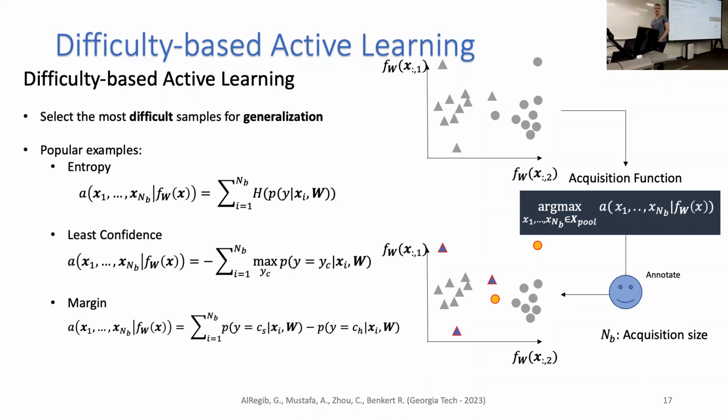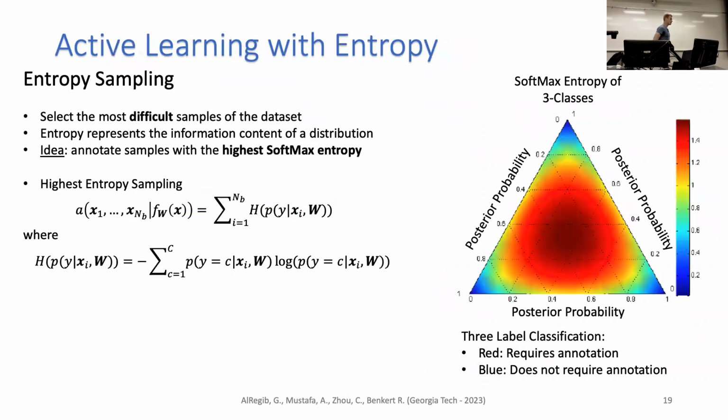So before I go into that, is everyone clear on difficulty? Cool. Great. Let's start with the first one, entropy. If you remember deep learning algorithms and you look at the output, it's actually a distribution. You get a probability of something. If you remember the 3-class problem, you get a vector of 3 as an output of your model.